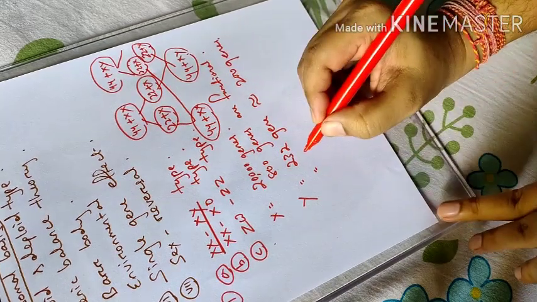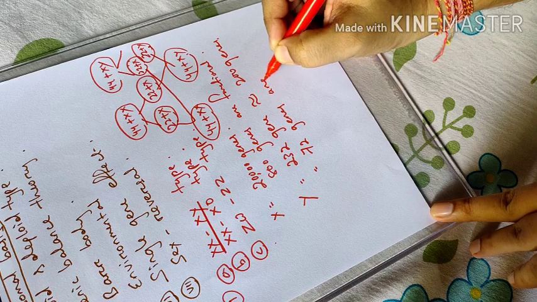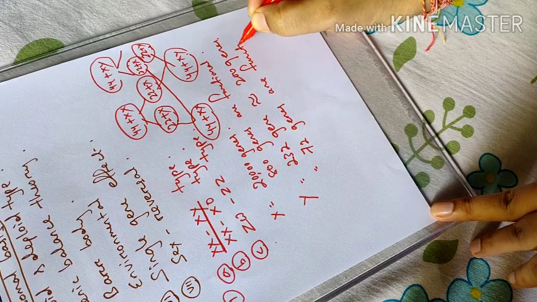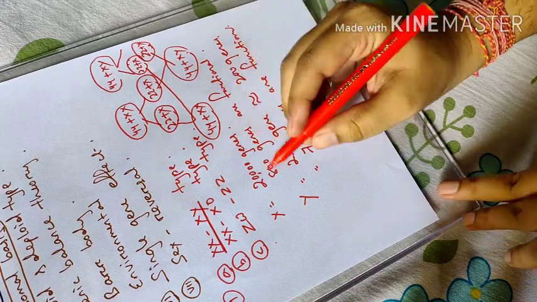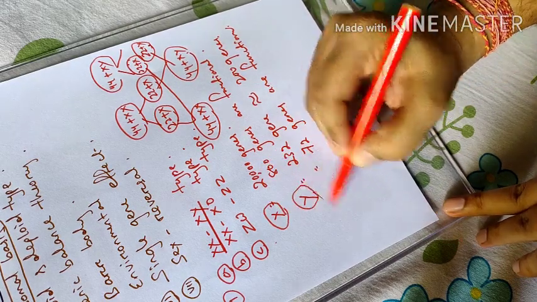Among them, 72 genes are functional. So comparatively, X is heavier than Y chromosome.